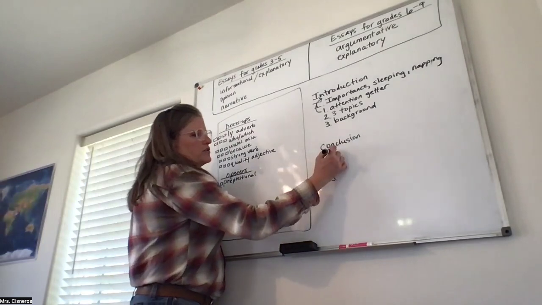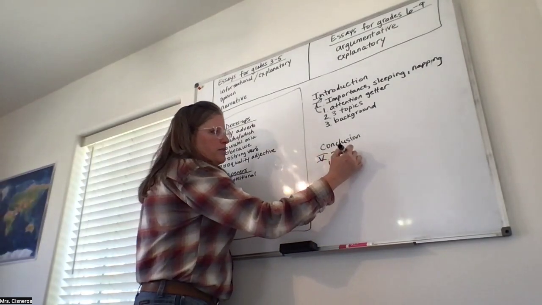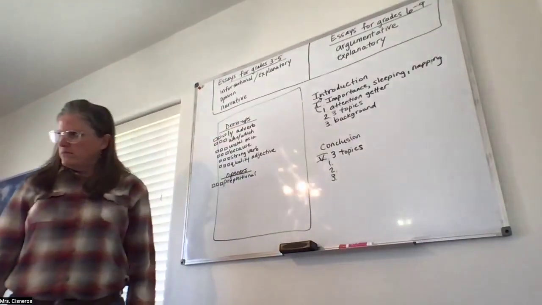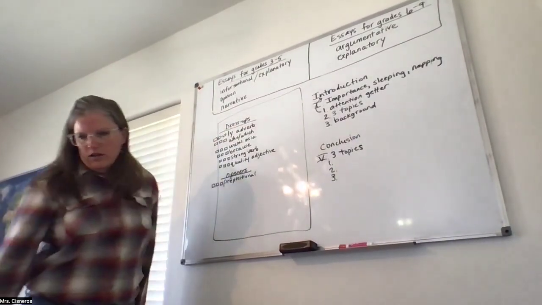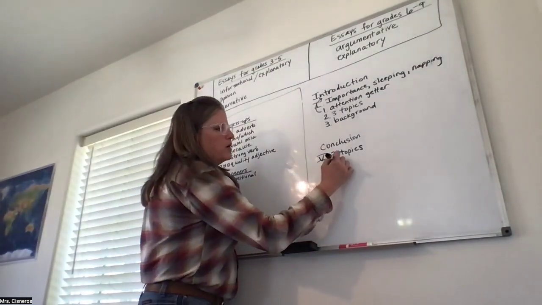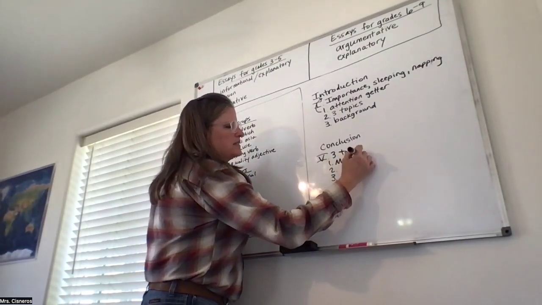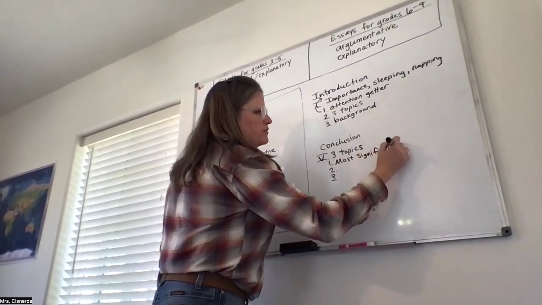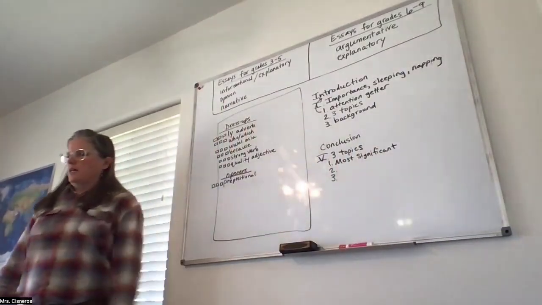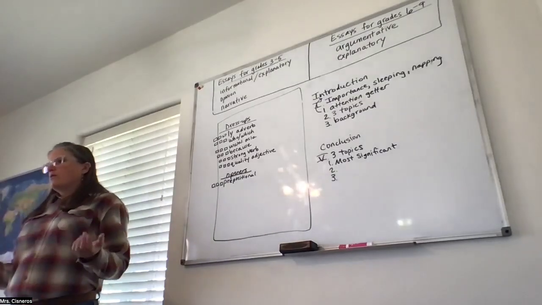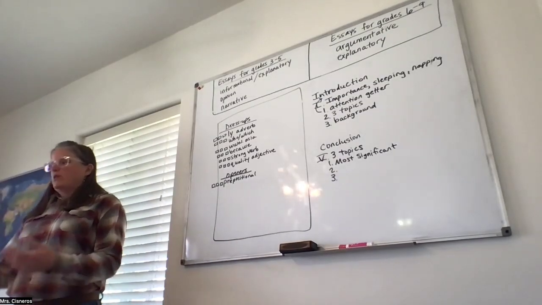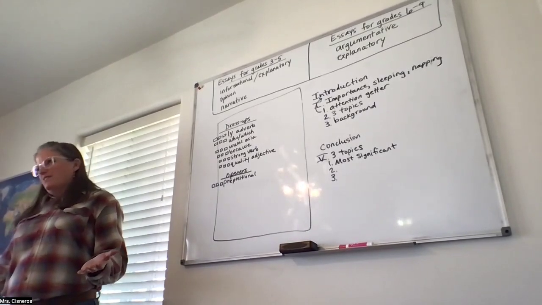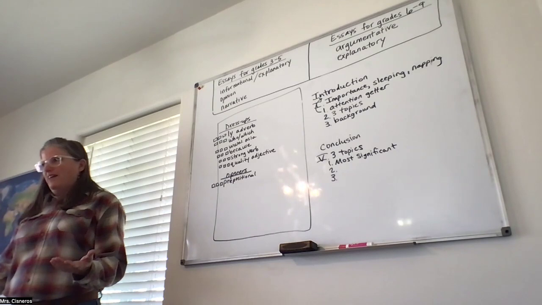So here you're going to start out by listing those 3 topics: sleeping, napping, doctor's opinion. And then you're going to talk about the most significant thing. You can review these notes before you do your test. You're going to think about what's the most important thing about everything that you read about and everything you're writing about. What's the most important thing and why? Obviously, that's having enough energy to get through your day, right?